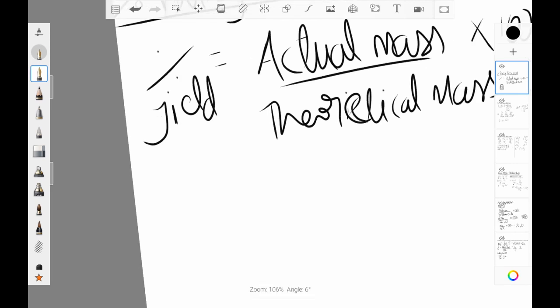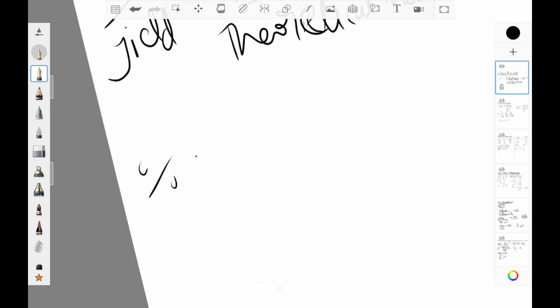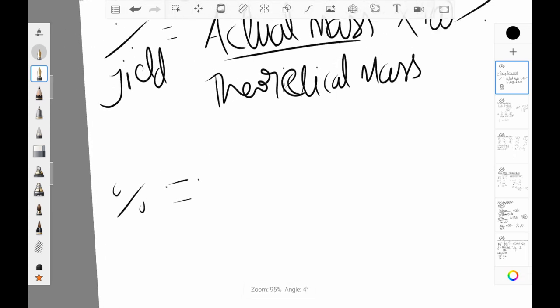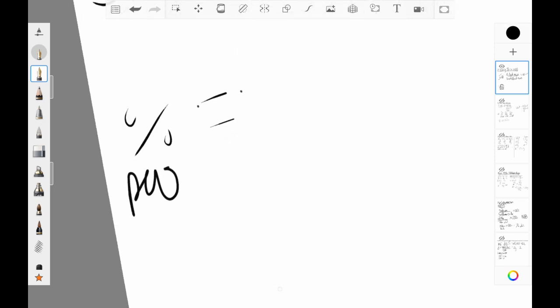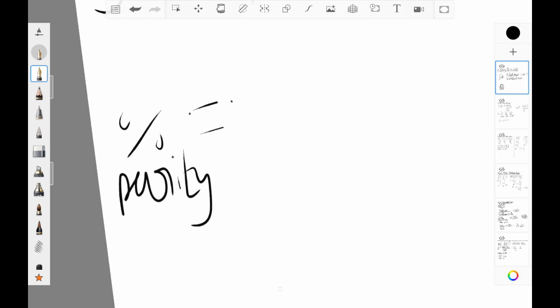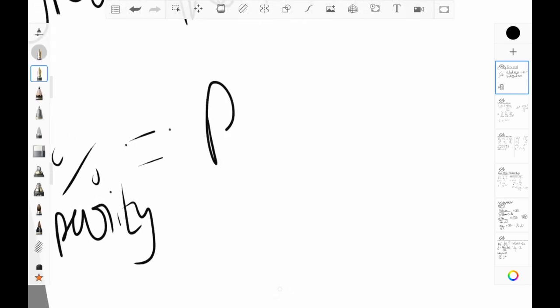And percentage purity is the quantity of a substance that is pure, without any impurities in it, expressed as a percentage.